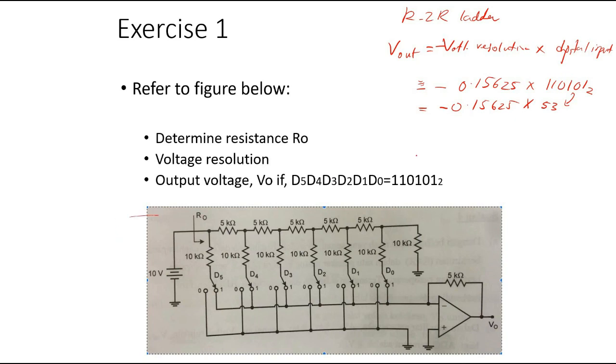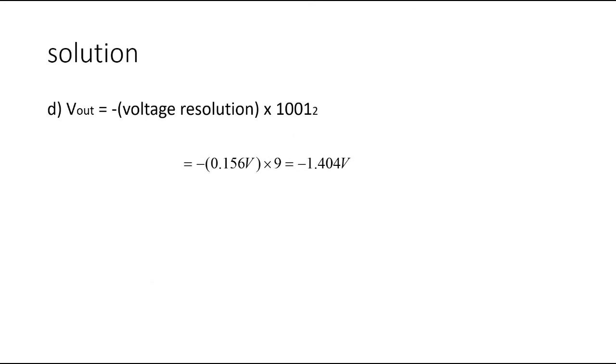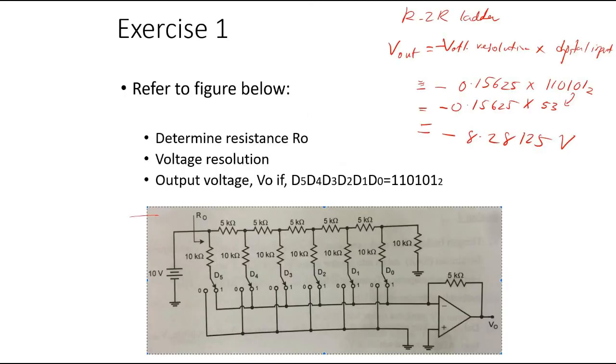Okay, and then kita akan dapat minus 8.28125 volts. Okay, so itu adalah Vout untuk exercise 1.